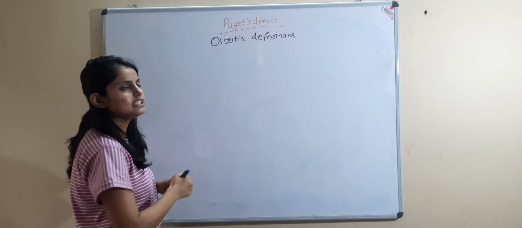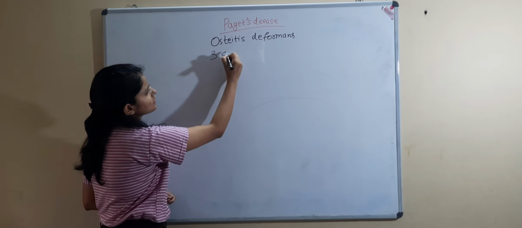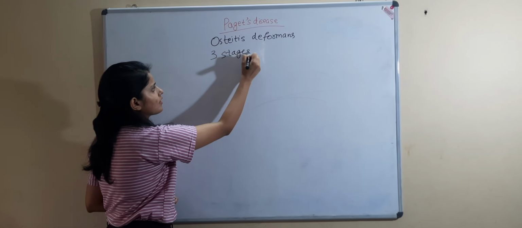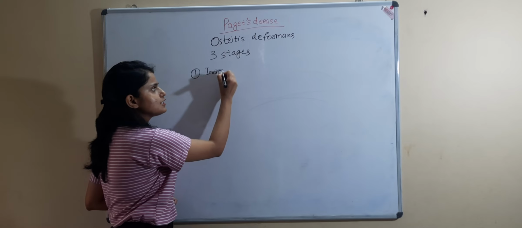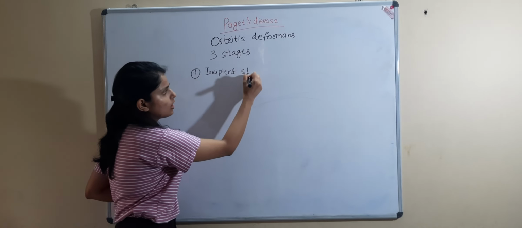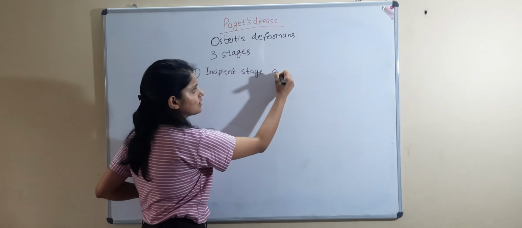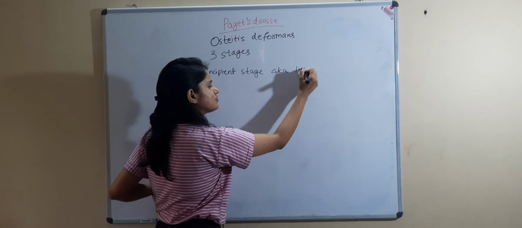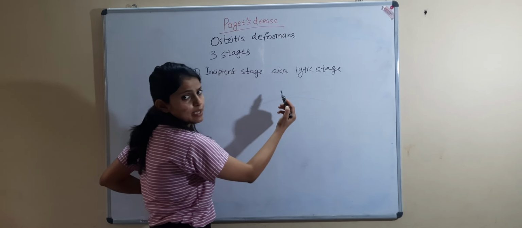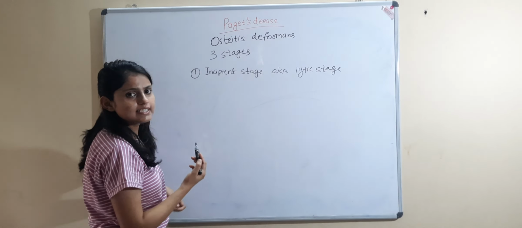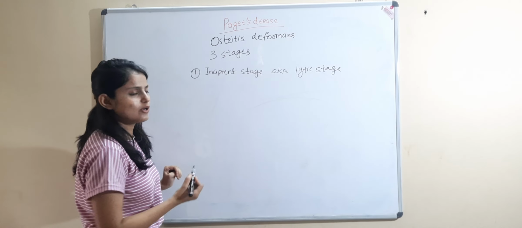Three stages are seen in this. First is the incipient stage, also known as the lytic stage. As the name says, lytic stage, so in this there will be excess bone resorption by osteoclasts.